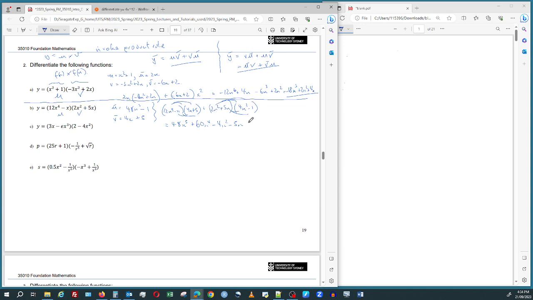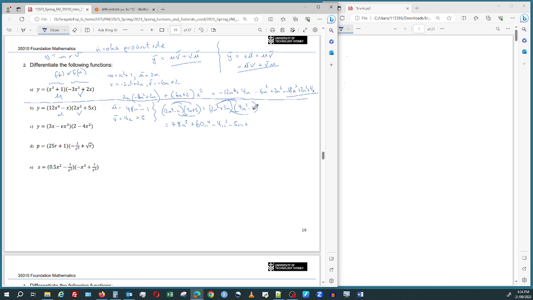2x squared times 4 is 8x. V dash, v was 2x squared, 4x plus 5.